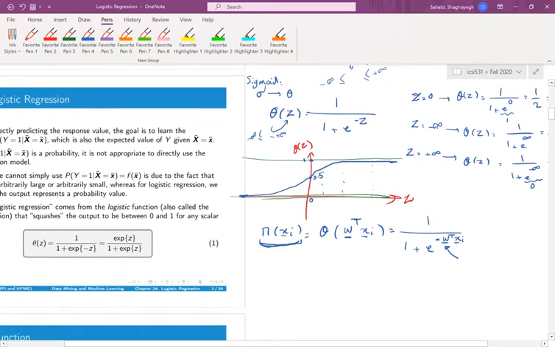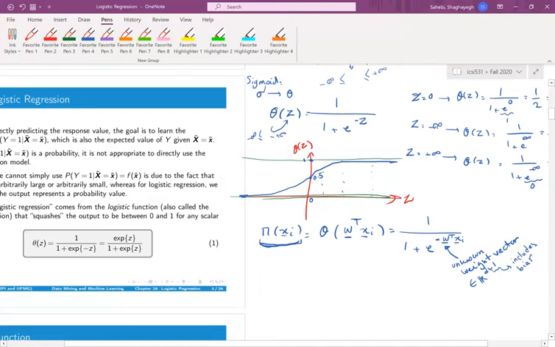So now we have the unknown weight vector W, that is R to the D plus 1 because it includes the bias term.